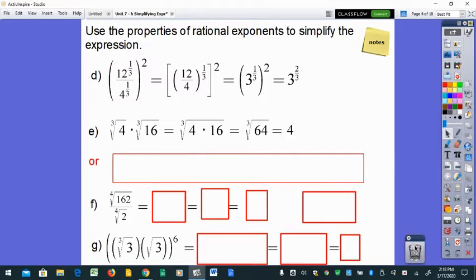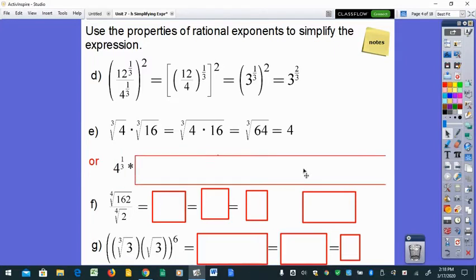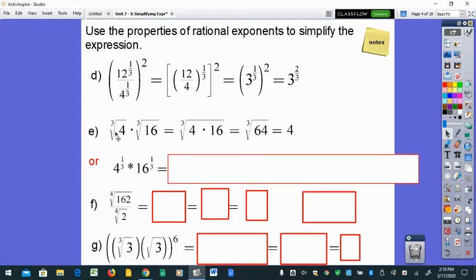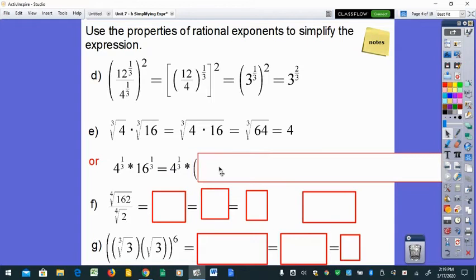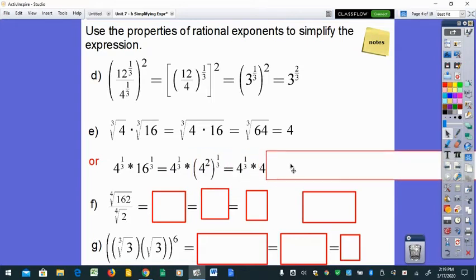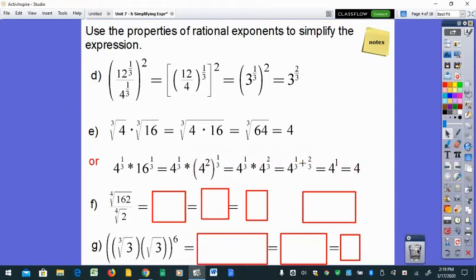Now you need to understand that sometimes we can approach this from a different angle. So I could have taken these and made both of them rational exponents to start, again putting the index as the denominator and the invisible 1 exponent as the numerator. Again, I could paste this together and make it 4 times 16 to the 1/3, changing the 16 to 4 squared so I would have a common base.